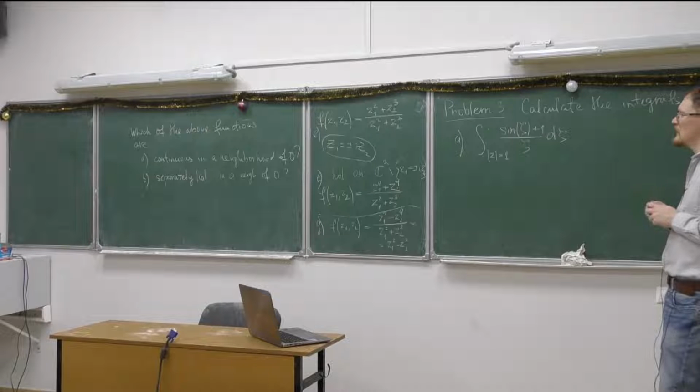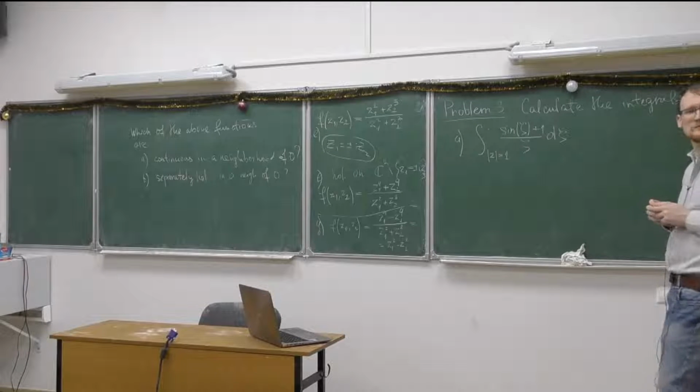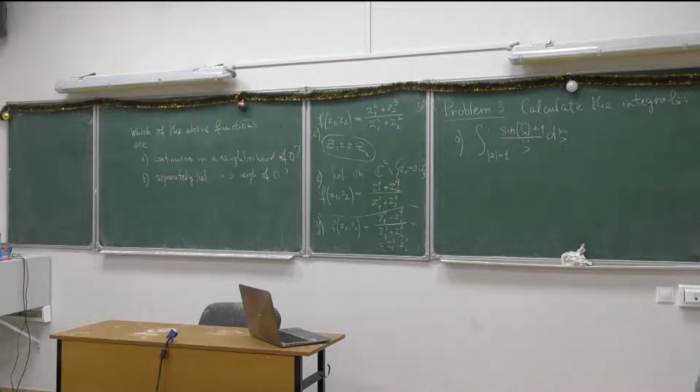But you have to tell in which sense it is the Cauchy formula. Is it correct that the answer is something like 2 pi i? 2 pi i, that's right. Can somebody else explain why the integral is equal to 2 pi i?